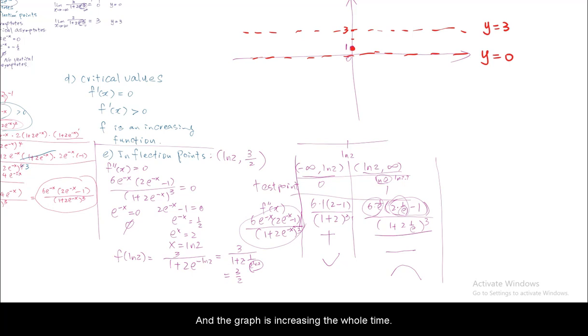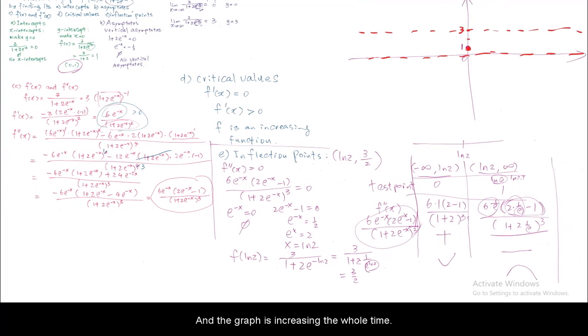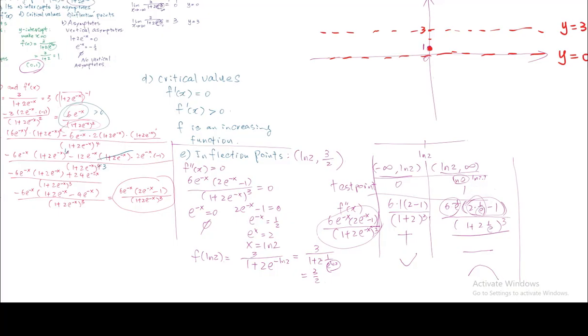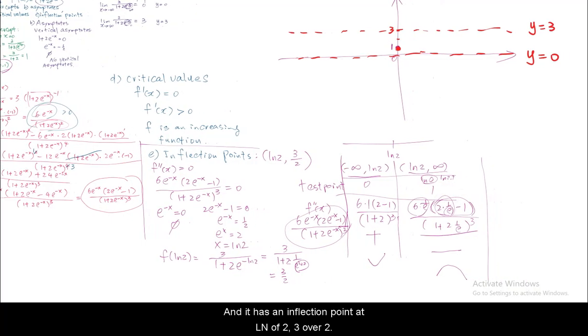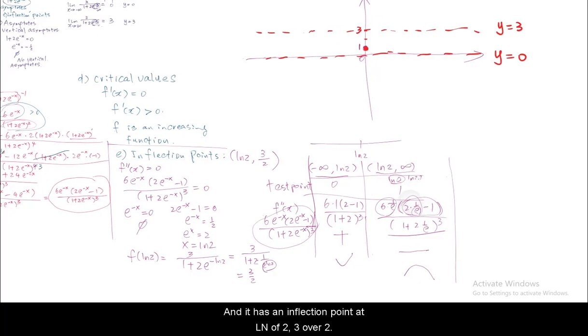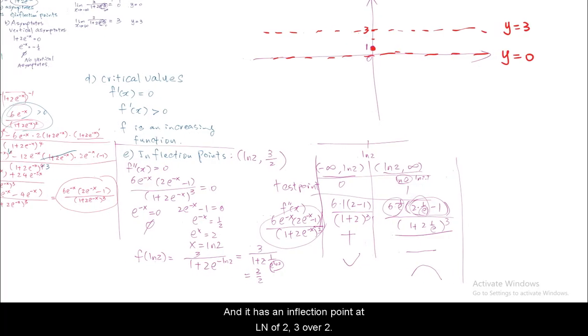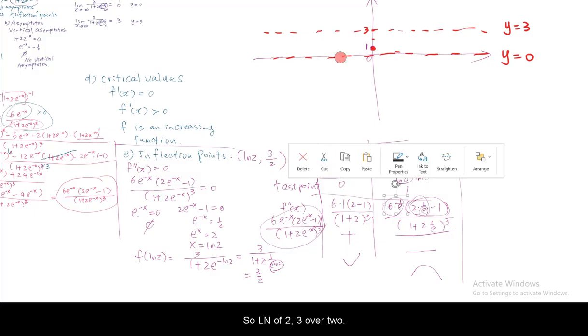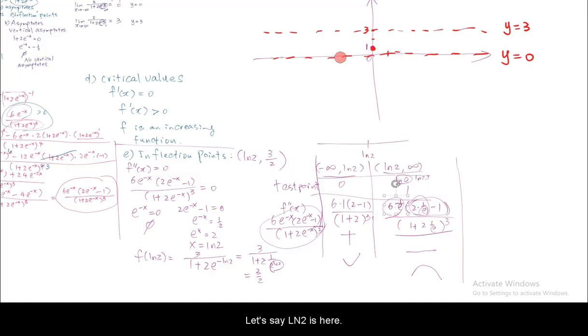And the graph is increasing the whole time. And it has an inflection point at ln of 2, 3 over 2. Let's say ln of 2 is here. 3 over 2 is right in the middle. So it's over here. That's the inflection point. All right.